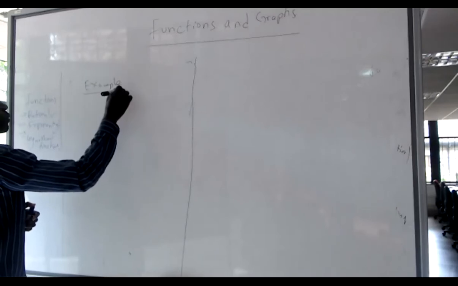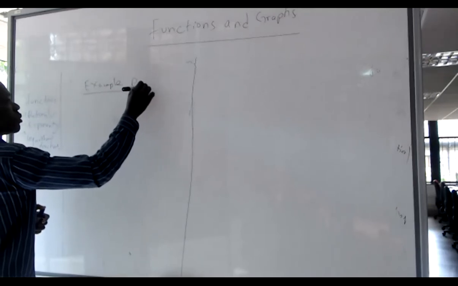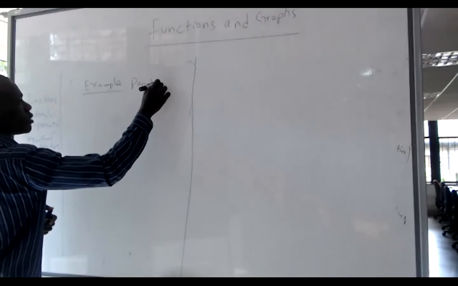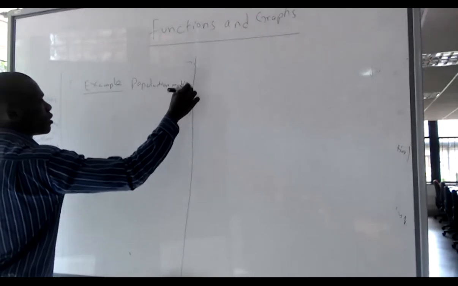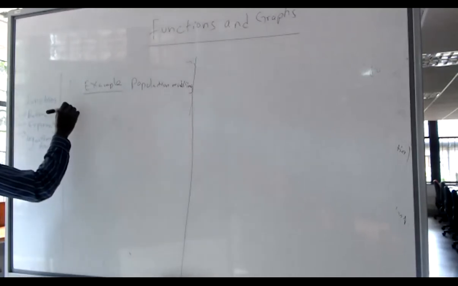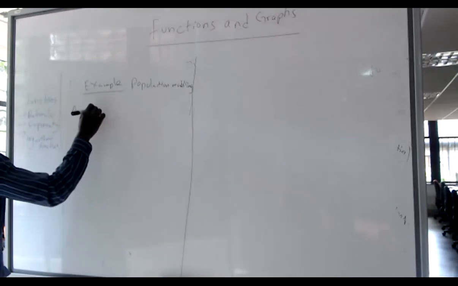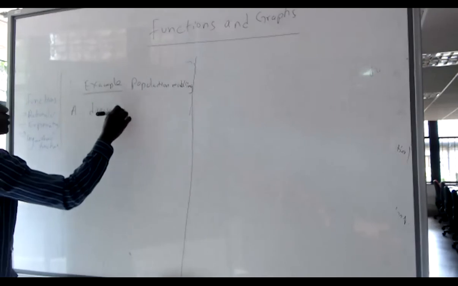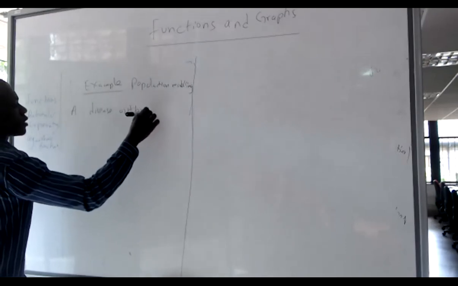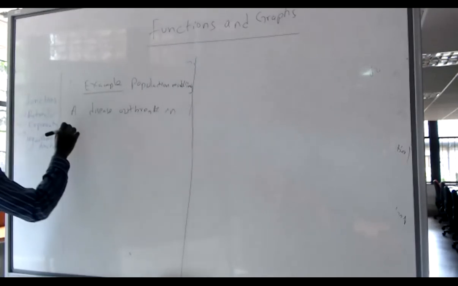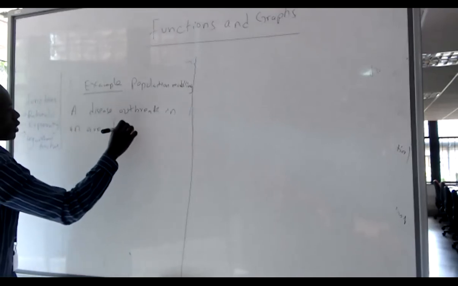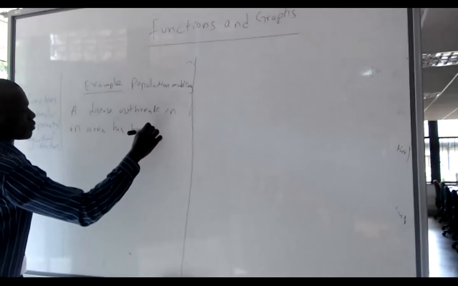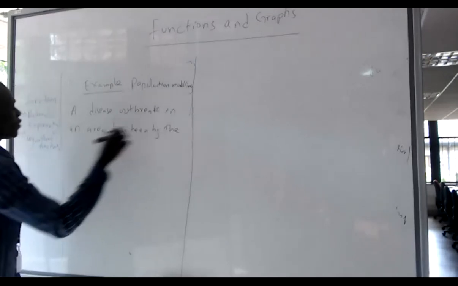One example is in population. So this is population modeling. A disease outbreak in an area has been modeled by the following function.